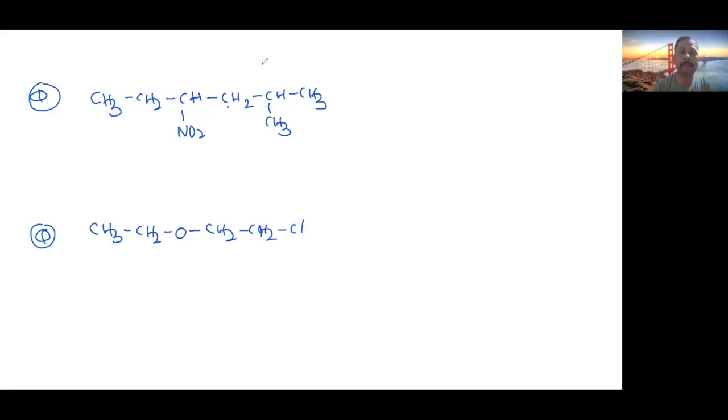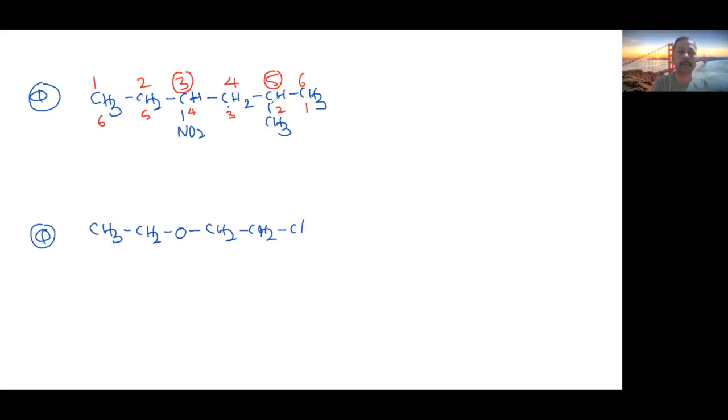So if I number it from both sides, 1, 2, 3, 4, 5 and 6, locants will be 3 here and 5 here. But if I number from here, 1, 2, 3, 4, 5 and 6, locants will be 2 plus 4.